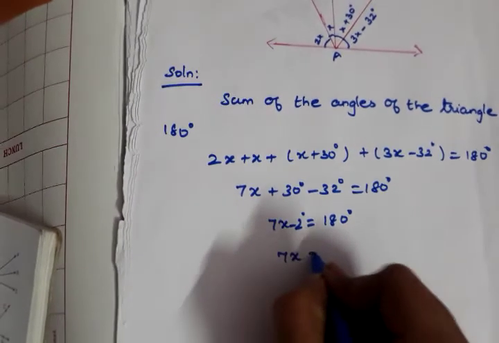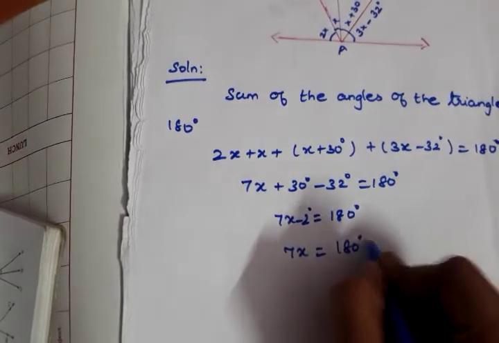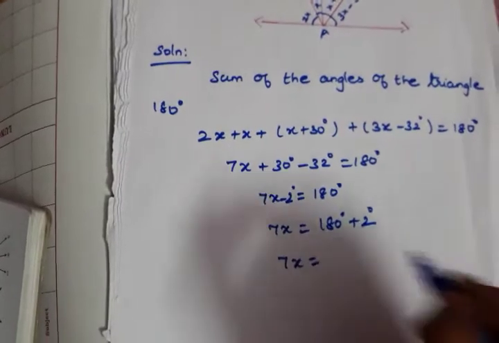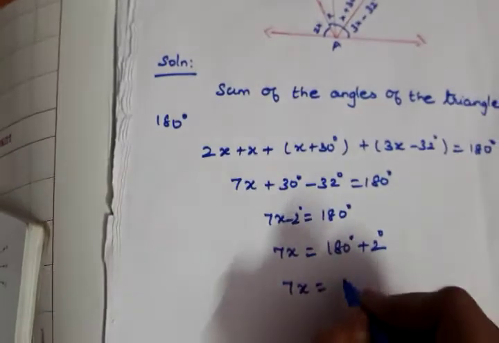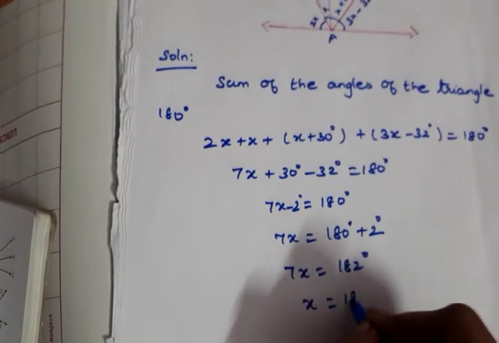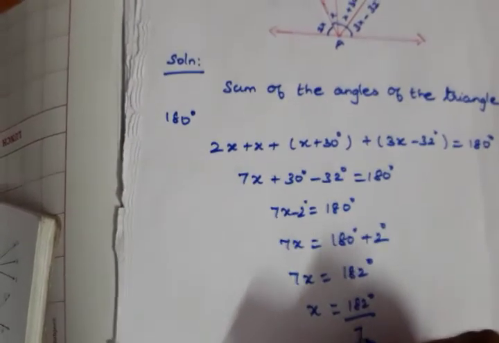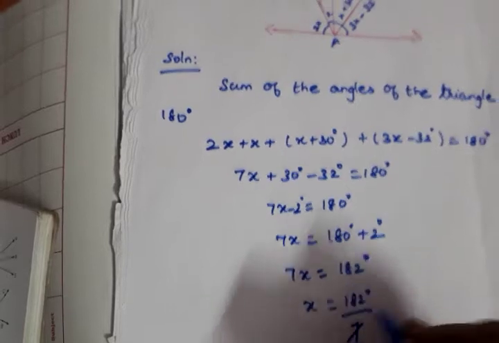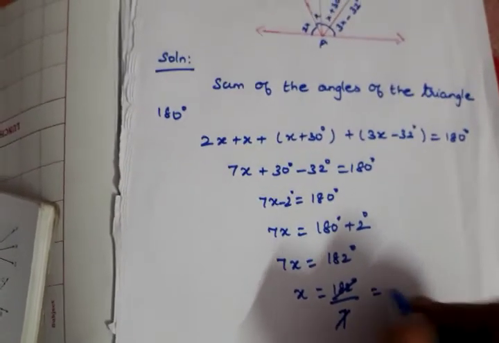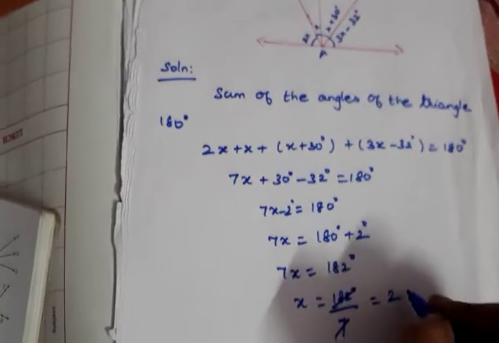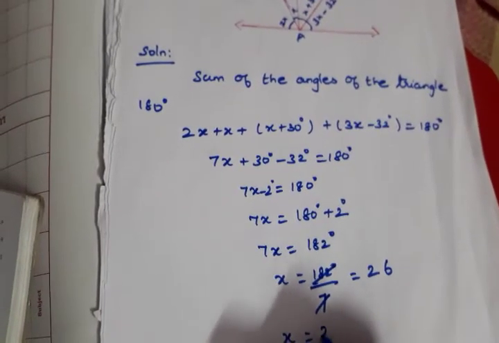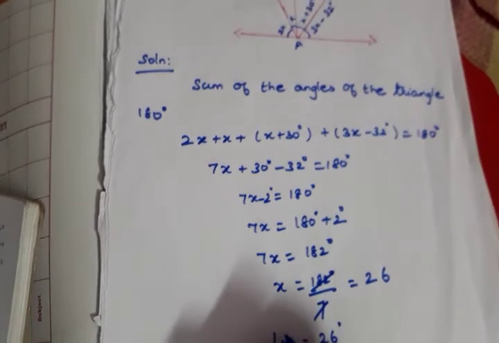So 7x is equal to 180 degree plus 2 degree. So add it. 7x equal to 182 degree. So x equal to 182 degree divided by 7. Cancel it. 7 2s are 14. So 6 7s are 42. x equal to 26 degree.